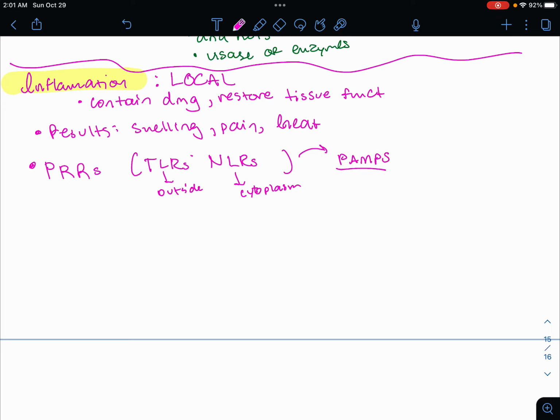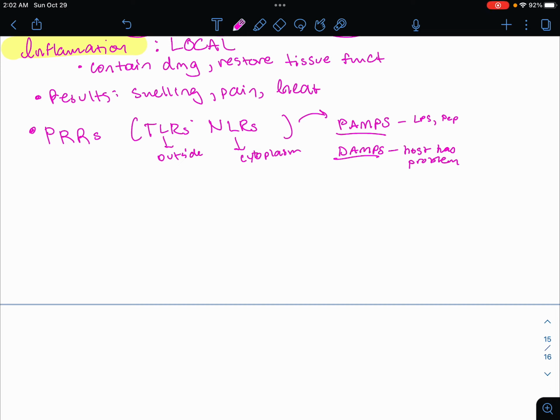Again, a ton of abbreviations, and DAMPs. Again, DAMPs are going to be host has problem. PAMPs again are going to be like the lipopolysaccharides or the peptidoglycan. Again, a lot of these abbreviations. Look at this: the pattern recognition receptors, specifically in the inflammatory response, will be toll-like, as well as the nod-like receptors. And they're going to be looking for PAMPs and DAMPs.